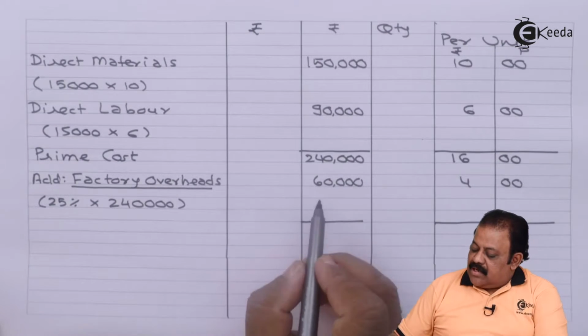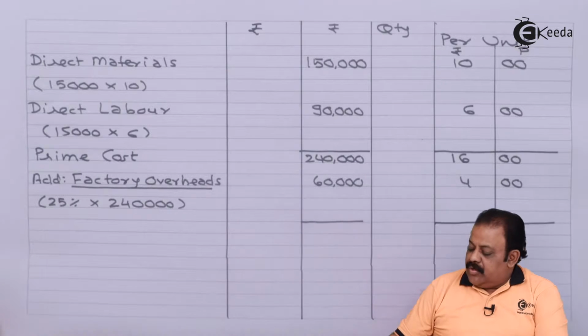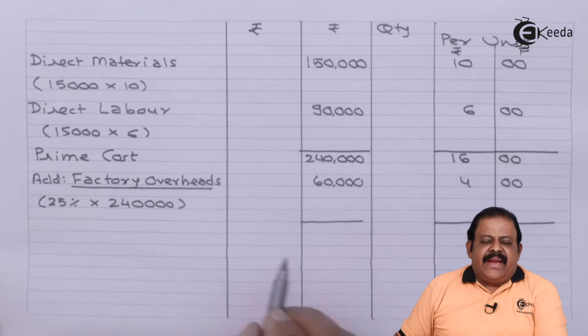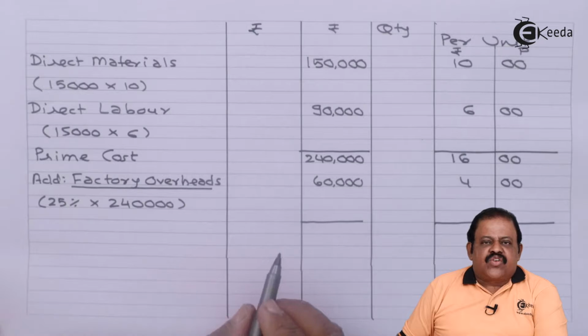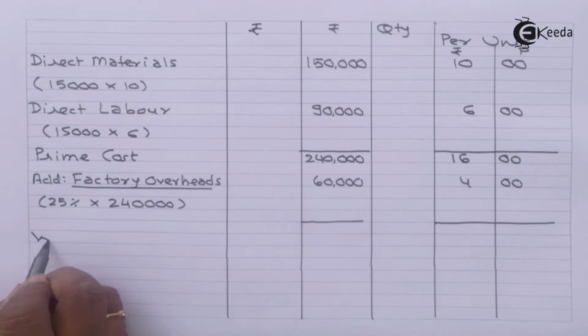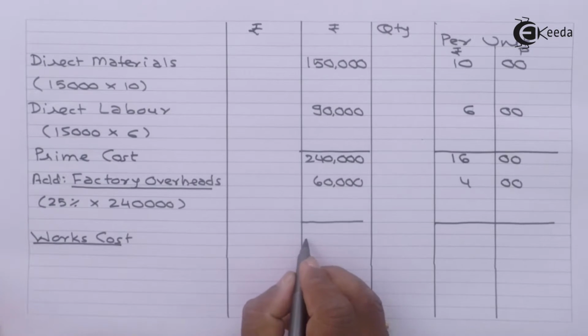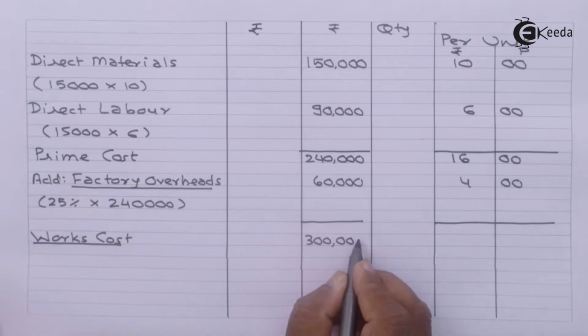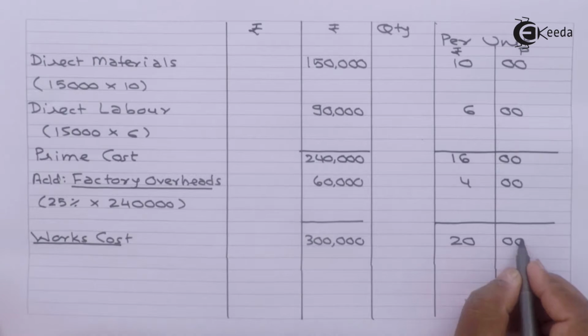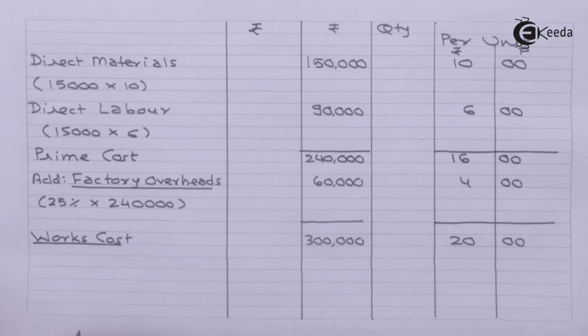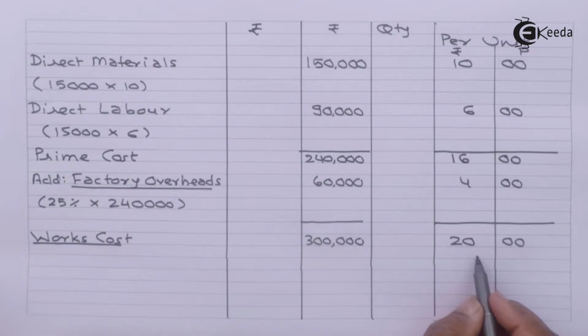So factory overheads are rupees 60,000. Per unit it is rupees 4. We can add this to prime cost to arrive at works cost. So works cost is rupees 3 lakh, per unit it is rupees 20.